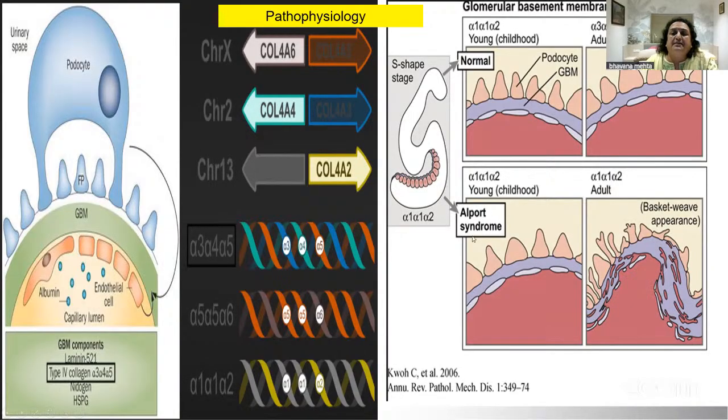But in Alport syndrome, this replacement of alpha 1, alpha 2 by alpha 3, alpha 4, alpha 5 does not occur, and hence there is a weak basement membrane with a basket weave appearance, causing the various symptoms.